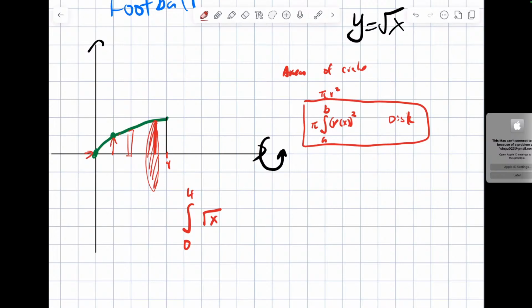Here is 1, here is a little bit more, square root of 2, here is 2, right? It's changing based on the function. The function is square root of x. So can I plug in x in there and find out how long the radius is? Does that make sense? Now we forgot the square because we need a square. And we also forgot a pi in the front. And we also forgot a dx.